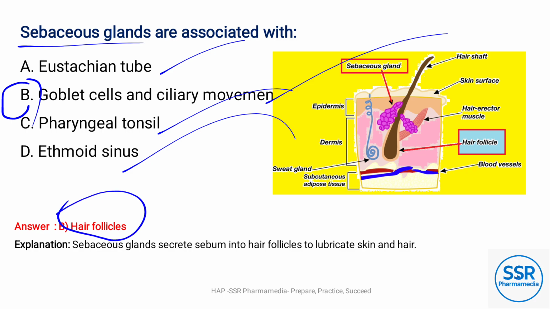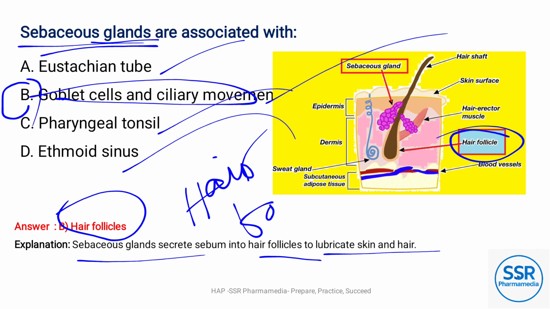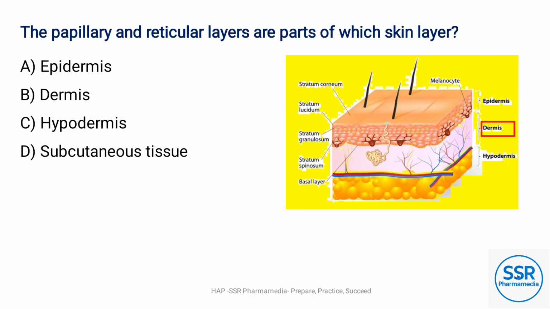The sebaceous gland secretes sebum into hair follicles to lubricate the skin. Sebaceous glands are associated with hair follicles.